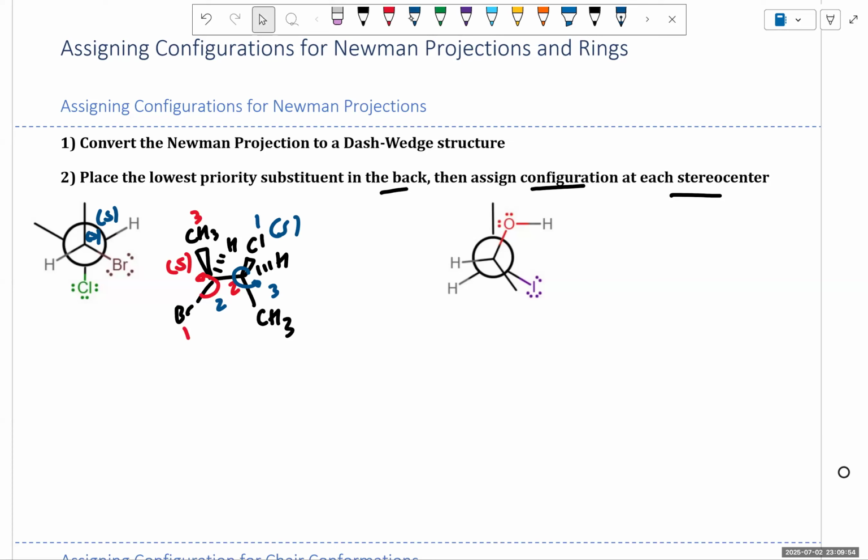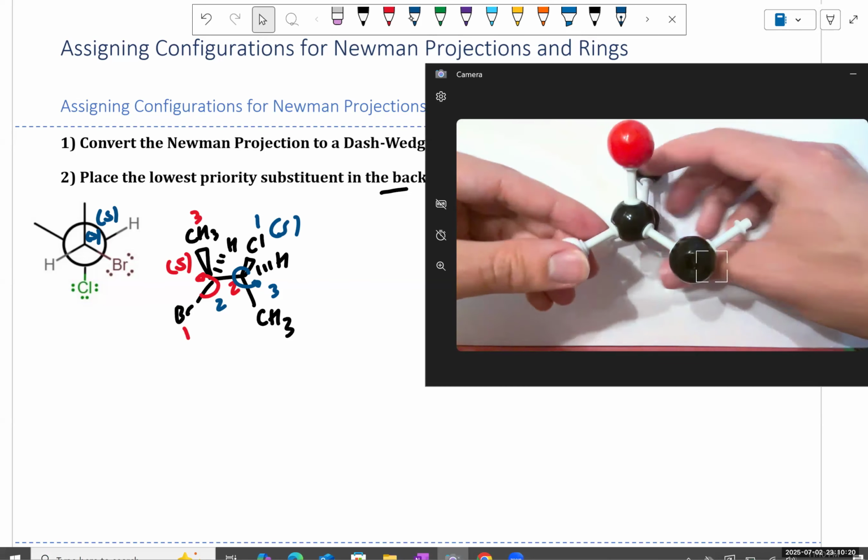In this case, the hydrogens are already in the back. So let's just make a model to see what we can see.